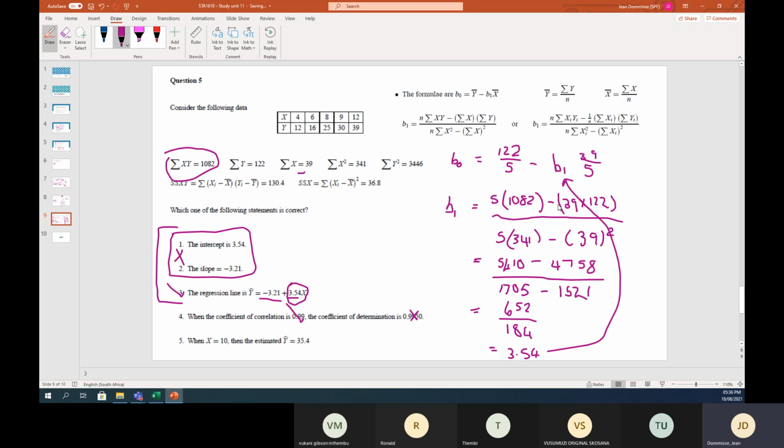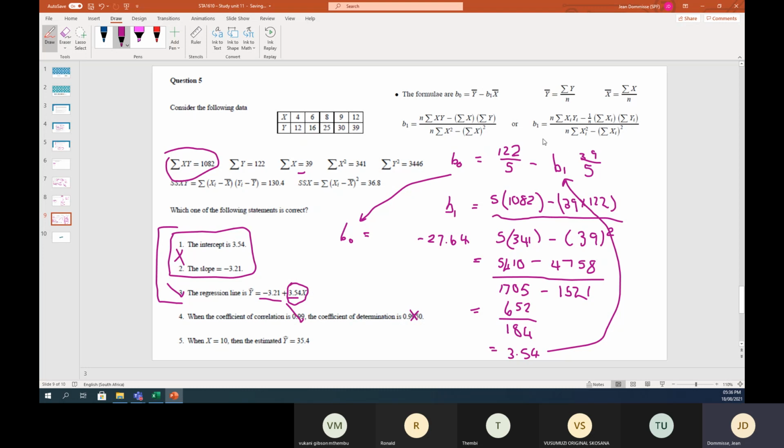So 3.54 times 39 divided by 5 is 27.64. That is what I've calculated there.